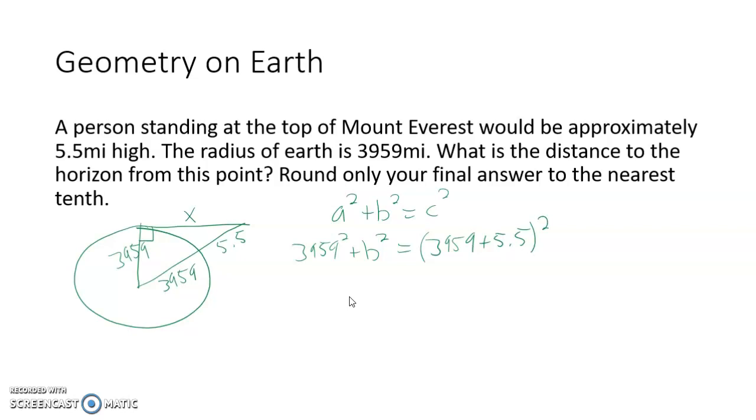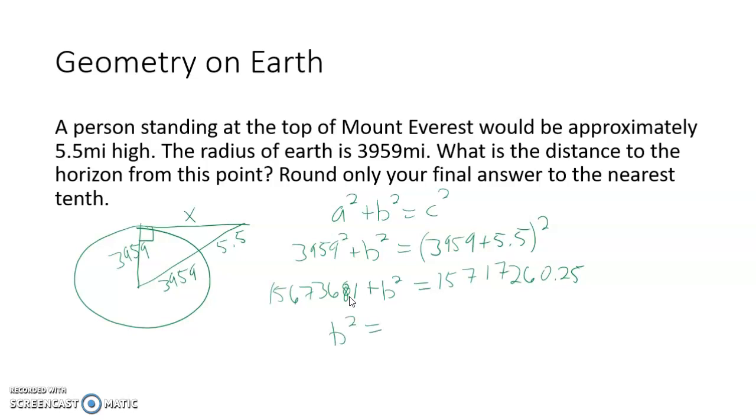Okay, so then doing some math here, 3,959 squared gives me a really big number, 15,673,681, plus b squared. And then all of that on my right hand side will give me 15,717,260.25. Now I can subtract what's on my left hand side to get b squared by itself.